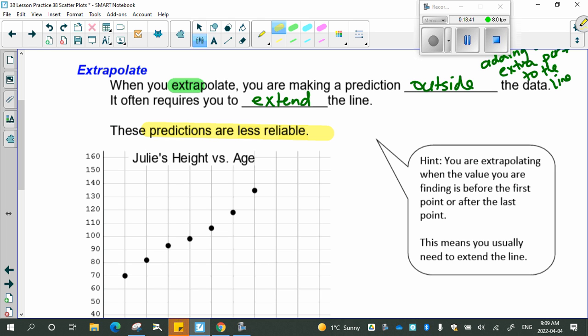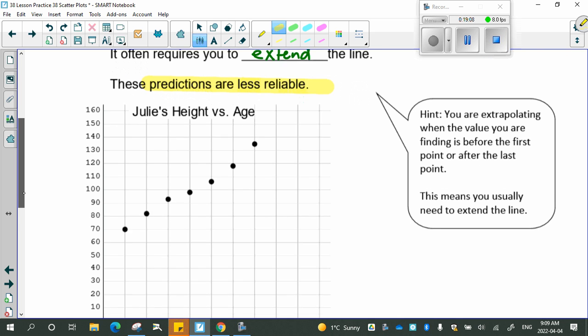No. When do you stop growing-ish? 18 to 21, depending on genetics and stuff. Okay? So this isn't going to be reliable. At 80, you're not going to still be following that slope. That just wouldn't make sense. So that's why when you extend the line, your predictions are less reliable. When you're just finding within, they're way more reliable.